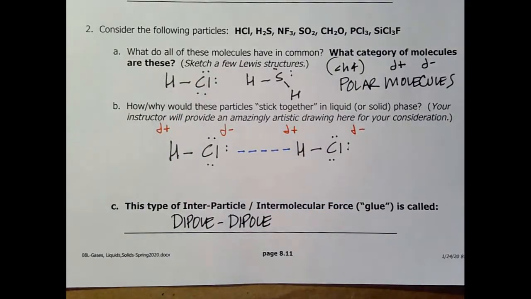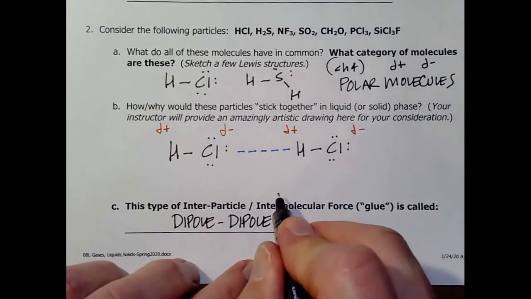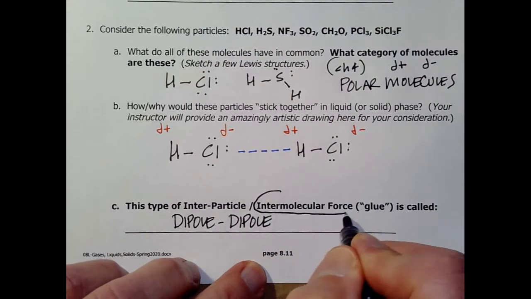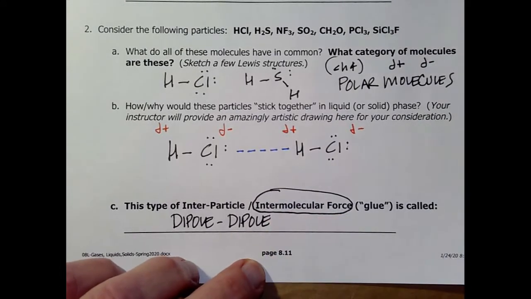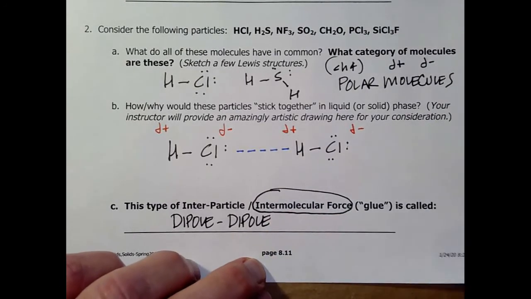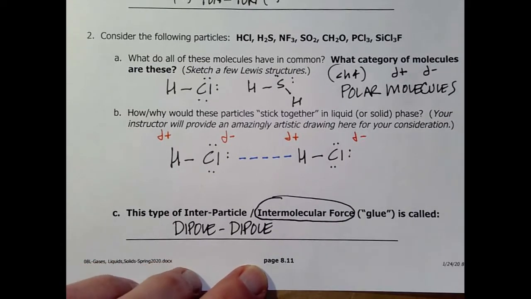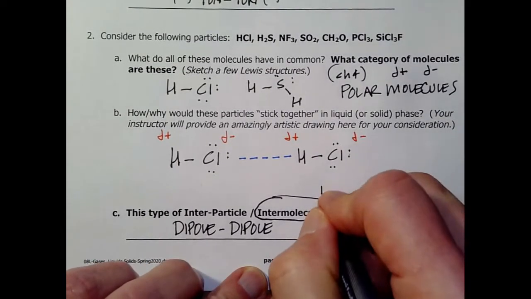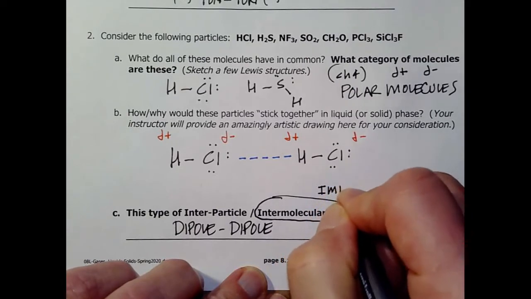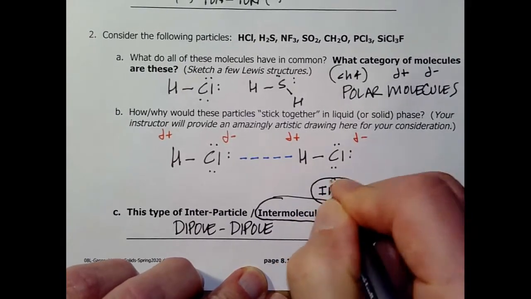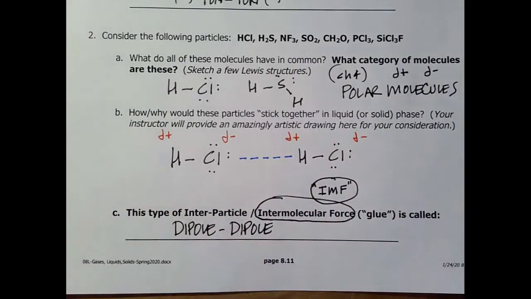That's what we call this force, this glue that's holding these particles together. And by the way, we're going to use this term again and again: intermolecular force. For our purposes, it means the glue. What's the attractive force that's keeping these together? This will get abbreviated again and again as IMF.